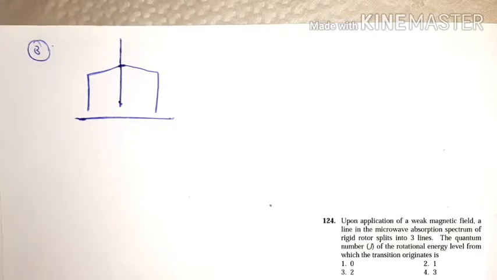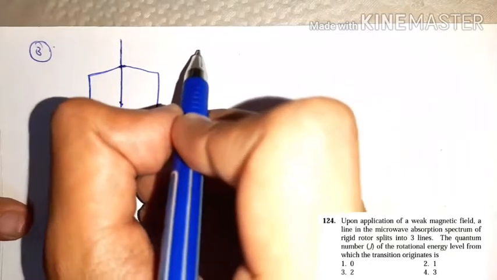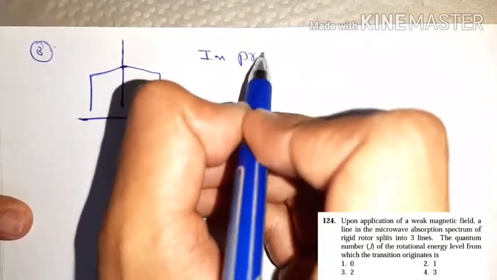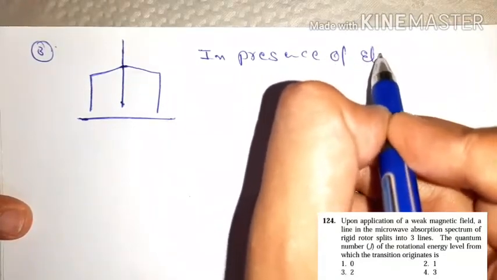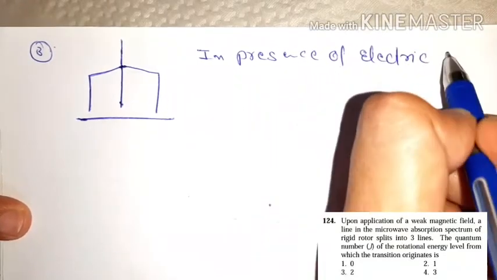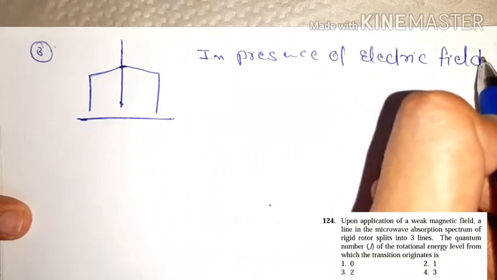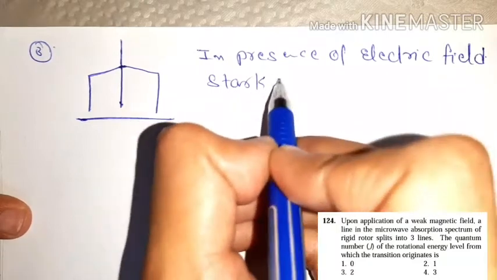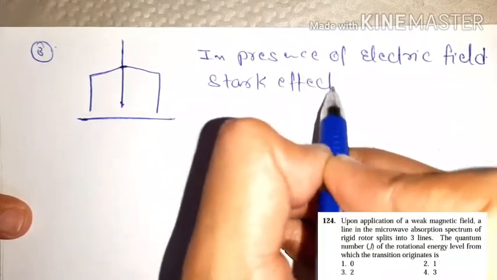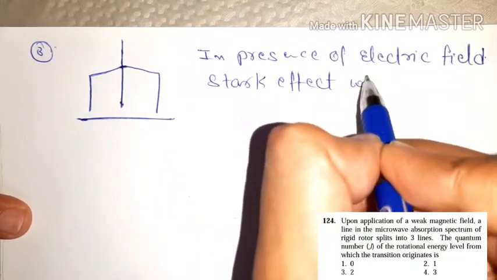But when it is observed in an electric field, it splits into a multiplet. This effect is known as the Stark effect. So in the presence of an electric field, the Stark effect will be observed.